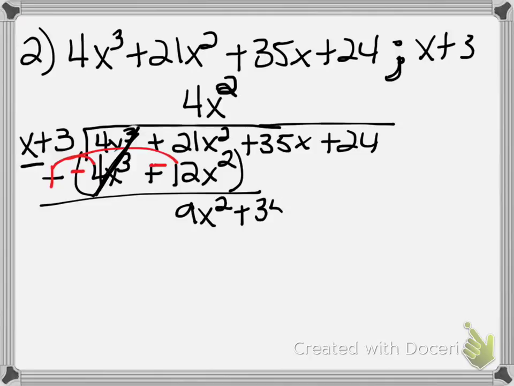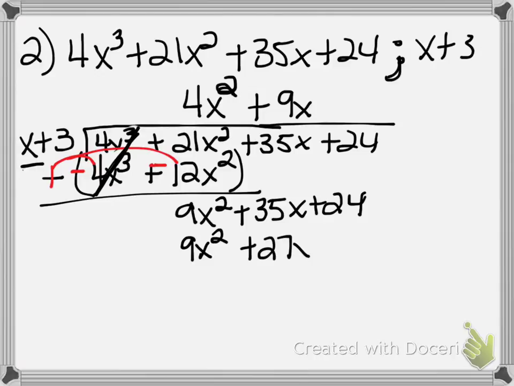And remember, I'm going to bring everything down that I haven't divided yet. Now I have to ask myself, what times x gets me 9x squared? The answer to that is 9x. So 9x times x is 9x squared. 9x times 3 is 27x.